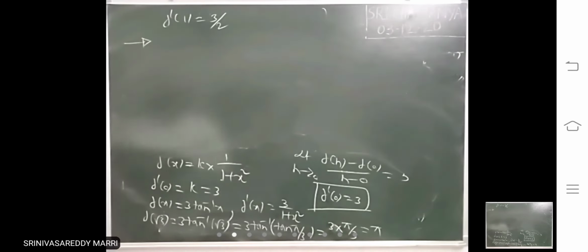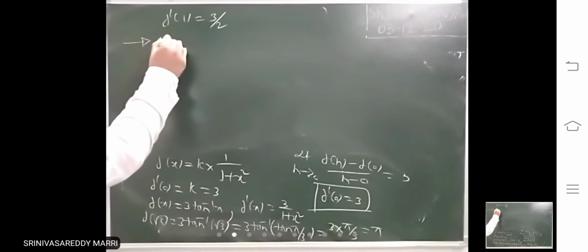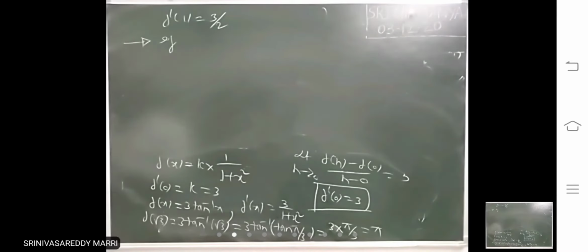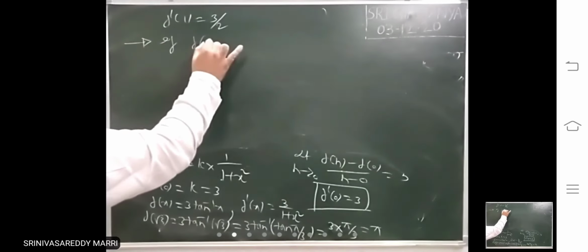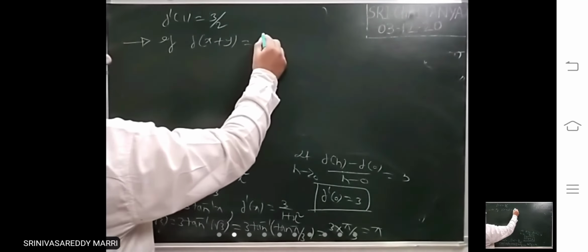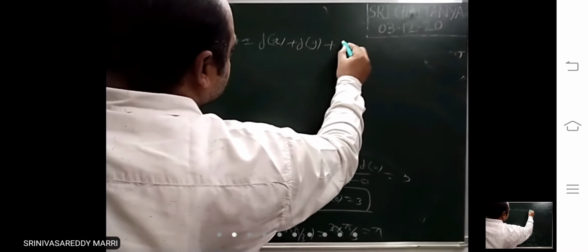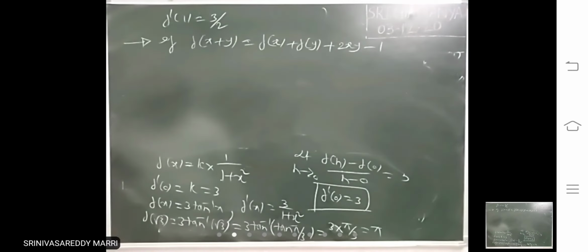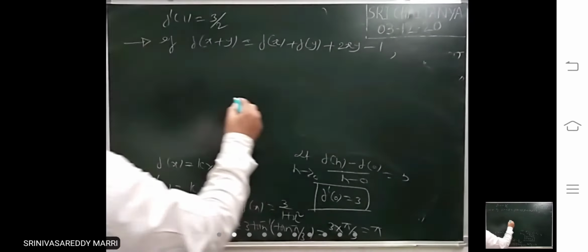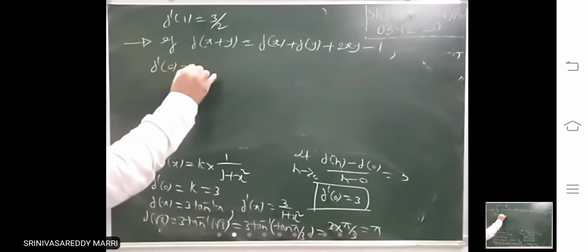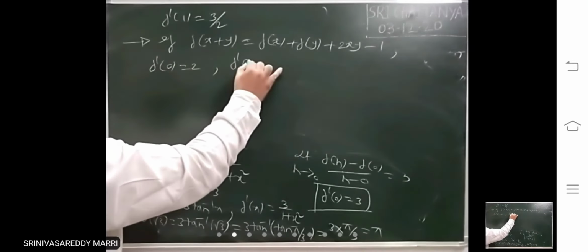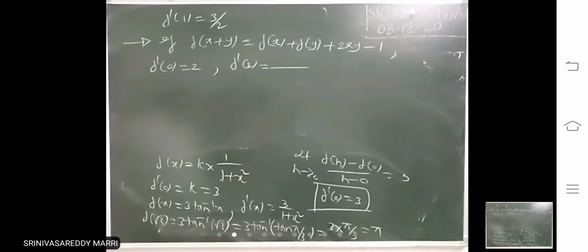Look at the next one. Some equations will be given like this. Suppose the equation is given like this, with 2xy minus 1, and it is asking f dash 2.